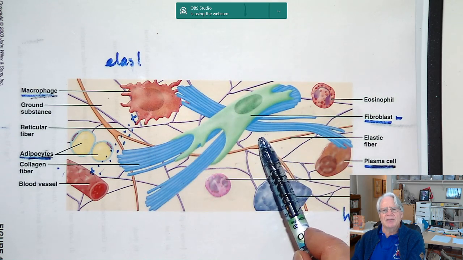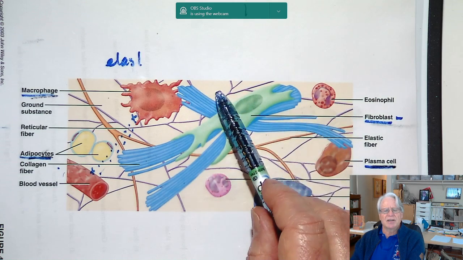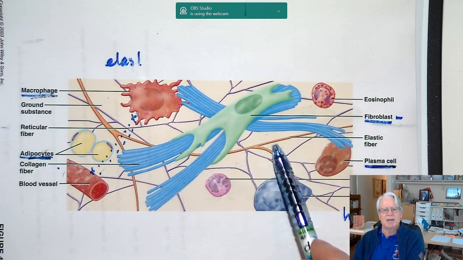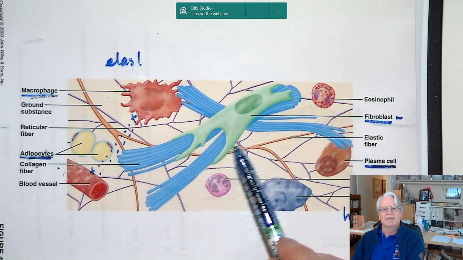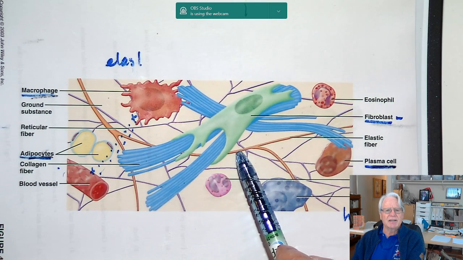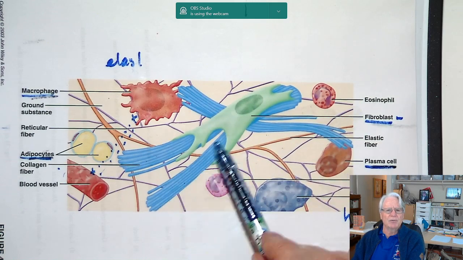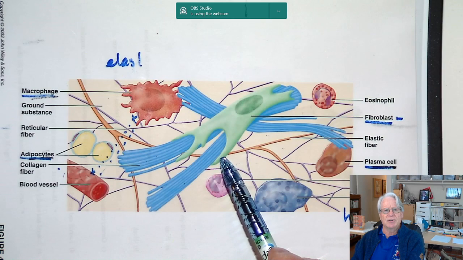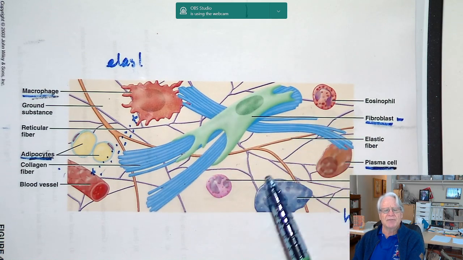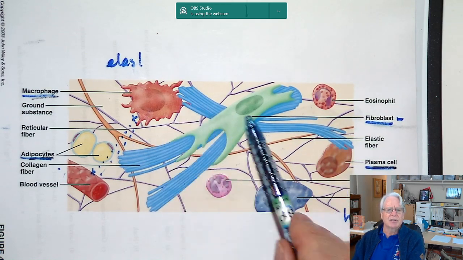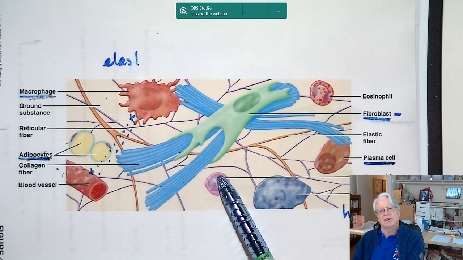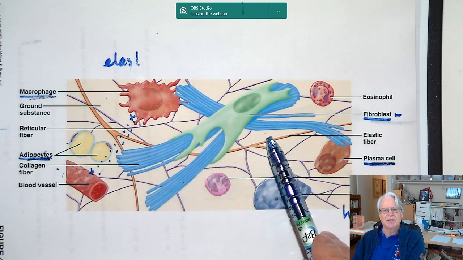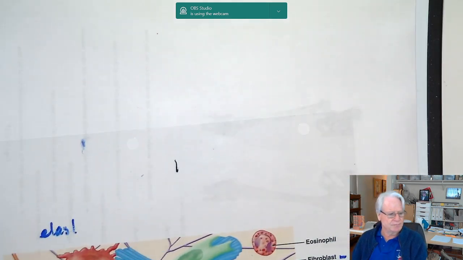And then the ground substance. In this case, it's hard to tell exactly what kind of ground substance they're showing us, but it fills in the space around the fibers. So we've got the whole view of the characteristics of connective tissue. Scattered cells, many different types, extracellular matrix, which includes fibers and the ground substance. Okay.